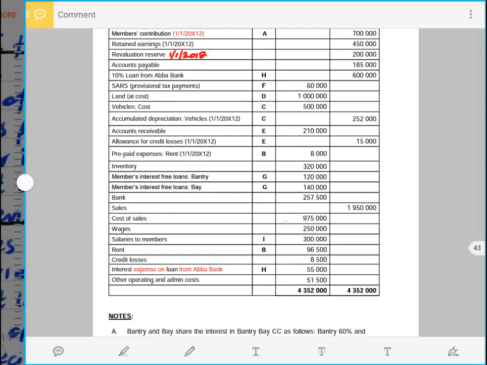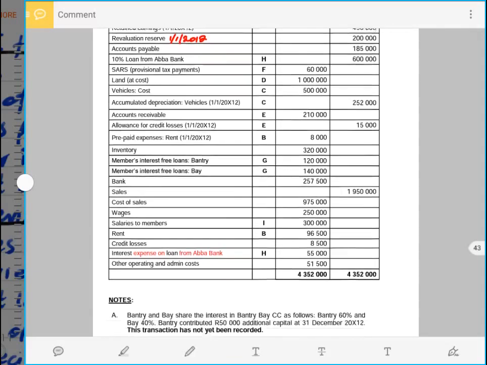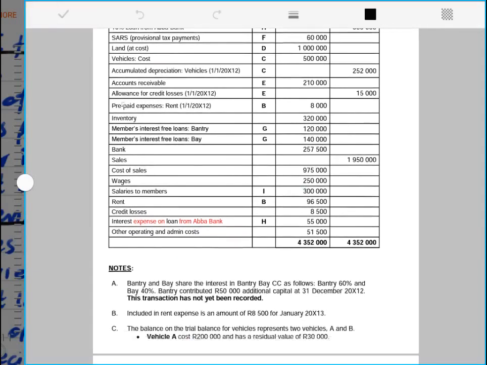We have land, vehicles and accumulated depreciation. Another very important line item is the allowance for credit losses, which is 15,000 rands, and you can see that it is on the 1st of January 2012, being an opening balance. That indicates it was an allowance, or a provision, made last year and brought to the current year, hence it's an opening balance.